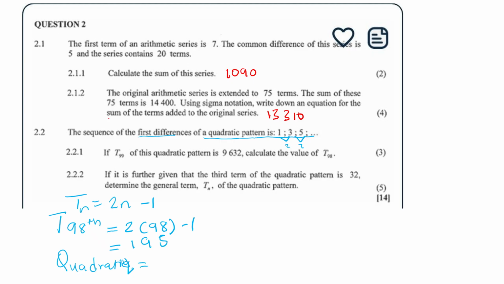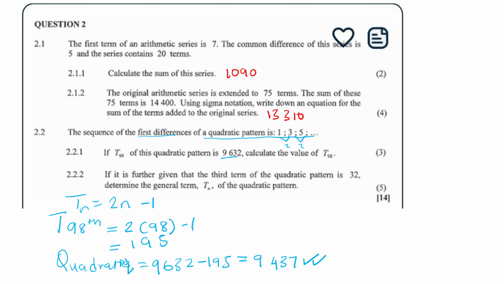On the quadratic, they said T99 of this quadratic pattern is 9,632. Therefore we have 9,632 minus 195. If you punch this on a calculator, you're going to have 9,437. Very good.